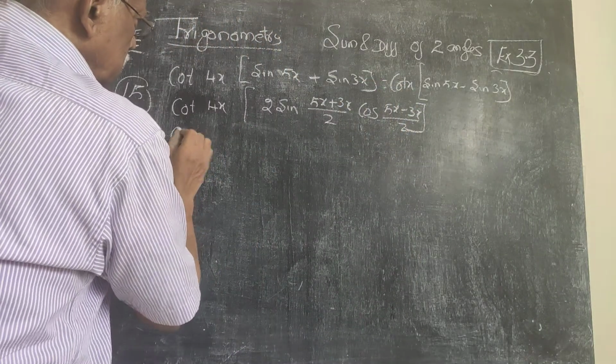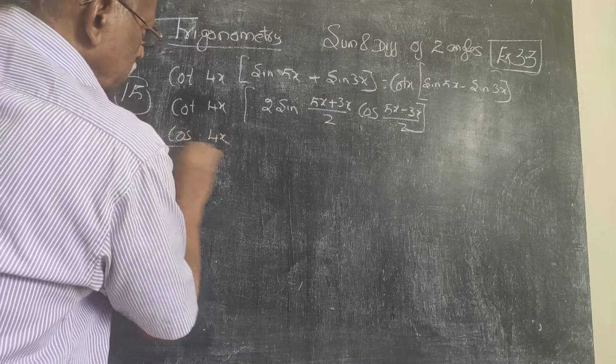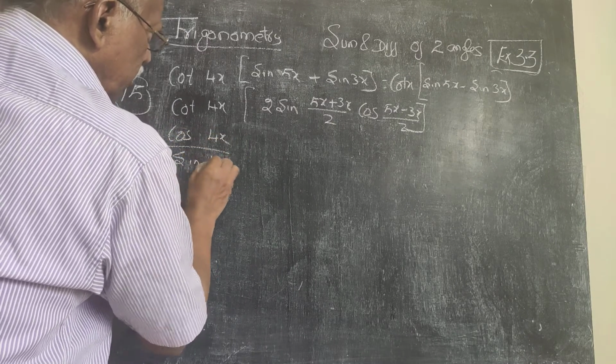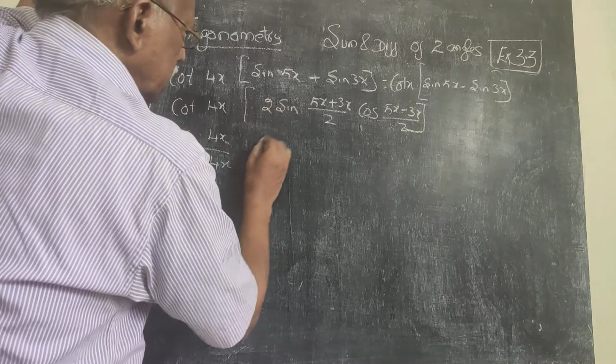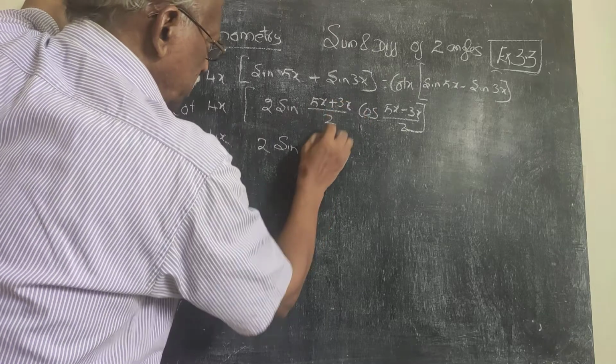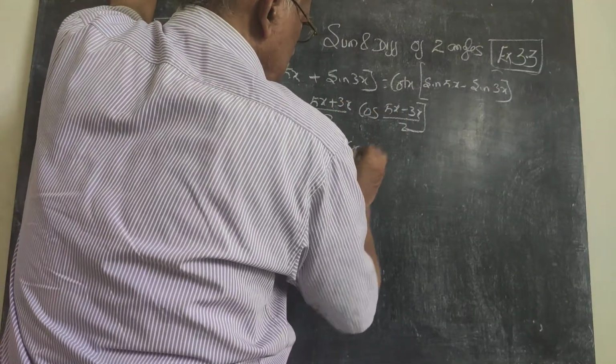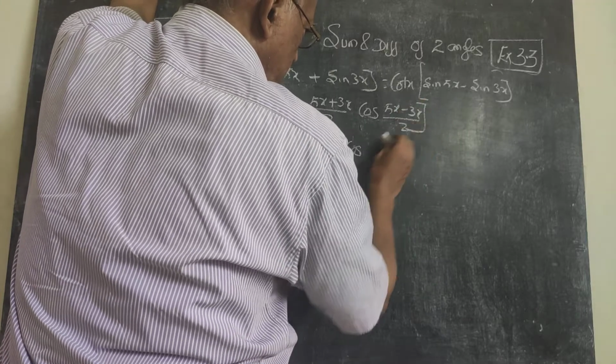So, this is cos 4x by sin 4x, and this is 2 times of sin 5x plus 3x, 8x by 2, so sin 4x, and this part is cos 5x minus 3x, 2x by 2, cos x.